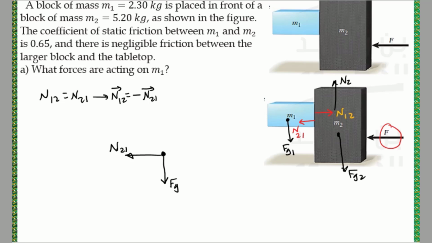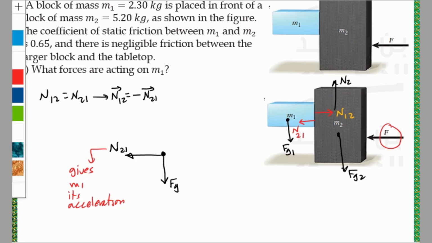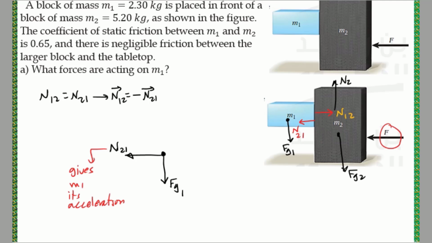Now, this N21 gives M1 its acceleration, okay? But Fg1 will pull M1 downward, so M1 will fall. But it is not falling.